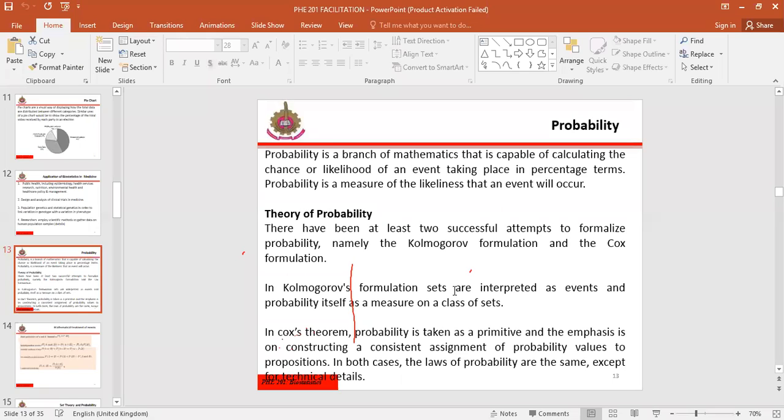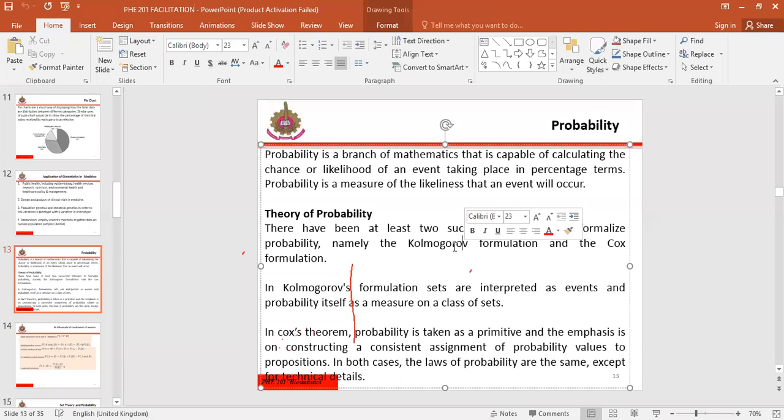Are you with me? So now, an event may occur, and it may not occur. The representation of that, which can also be referred to as the measure of the likelihood that an event will occur, is what is referred to as probability.